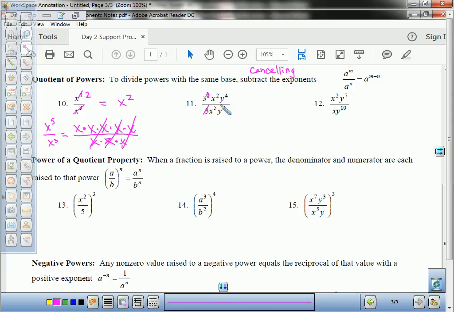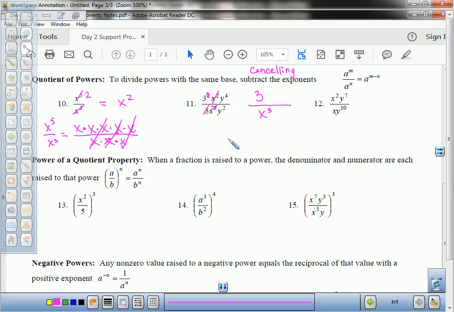If I subtracted, I would end up with a negative exponent. And we never leave negative exponents in our answer. So if we think of it as canceling, 2 of those cancel with 2 of those and leave us 3. It actually leaves it where we need it. It leaves x cubed in the denominator. We had a 3 left in the numerator and an x cubed in the denominator.